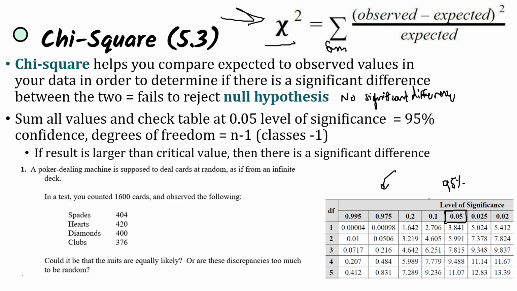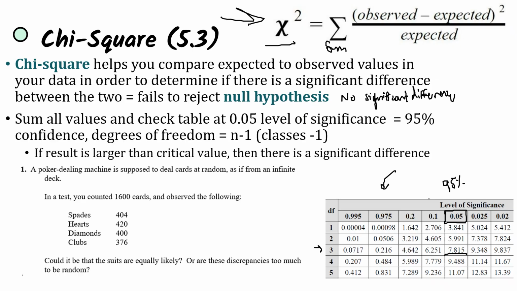Your degrees of freedom are going to be the number of classes minus 1, meaning that if you're looking at 4 different options, then you would have 3 degrees of freedom, and the comparison value you would be using is 7.815. You could compare your chi-square value to 7.815, and if the chi-square value is smaller than this critical value, that means there is no significant difference between the two. We will be looking at an example here, so it's okay if you're not entirely clear on the concept yet.